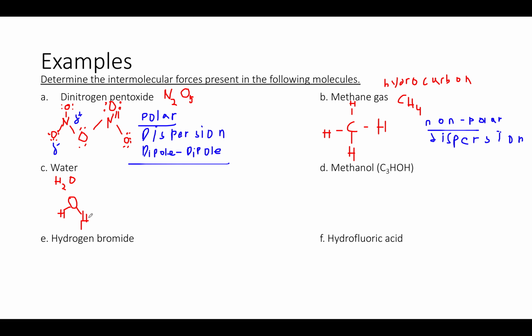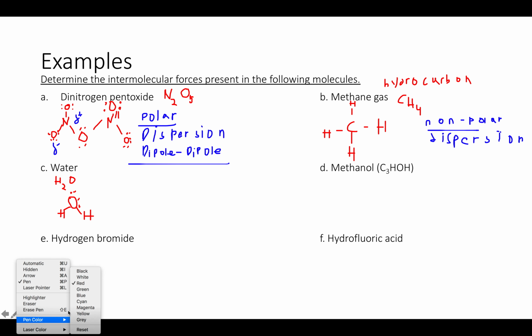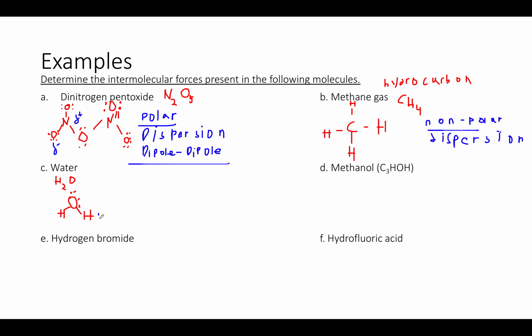Now you can already see that it's going to be very uneven because you have 2 lone pairs here. And you got all these partial negatives and partial positive charges. Partial positive, and you got a partial negative. That little symbol I'm drawing is a Greek letter, represents partial charge.